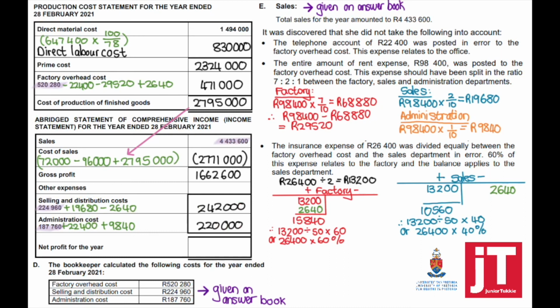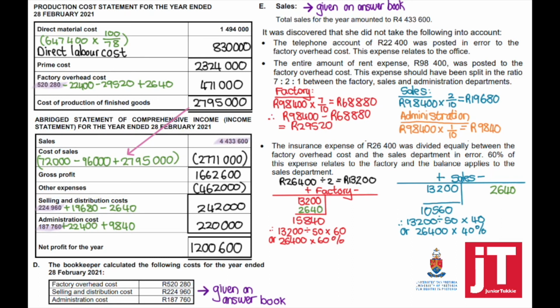Then minus other expenses. To calculate that, we need to add the selling and distribution plus the administration cost. That must be shown in brackets because this needs to be subtracted from the gross profit to calculate the net profit for the year. Now we've completed the production cost statement and the statement of comprehensive income.